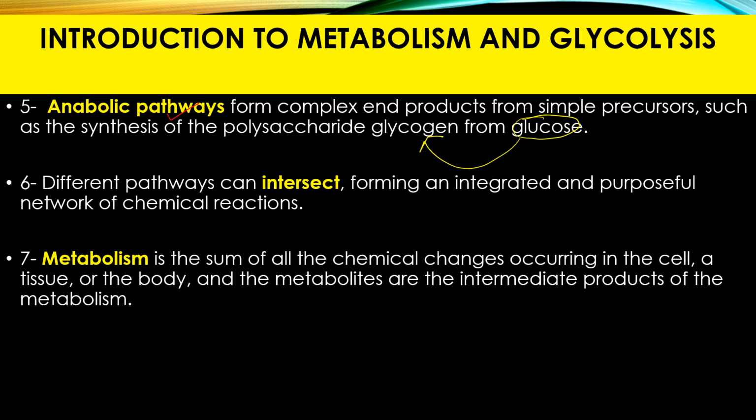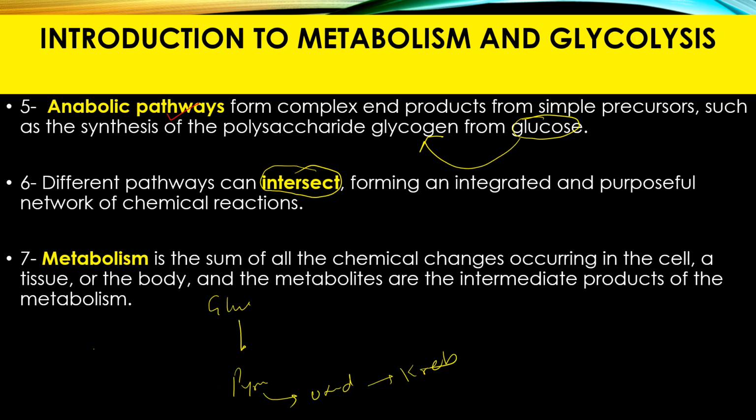Different pathways or reactions also intersect with each other, and different reactions take place simultaneously. For example, in glycolysis, glucose is converted into two molecules of pyruvic acid. The oxidation of pyruvic acid is attached with the Krebs cycle.